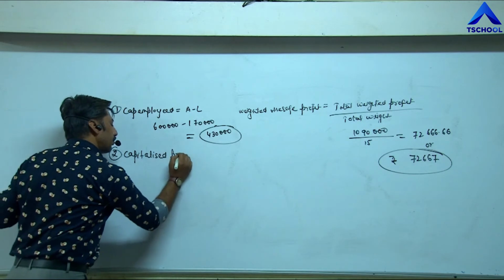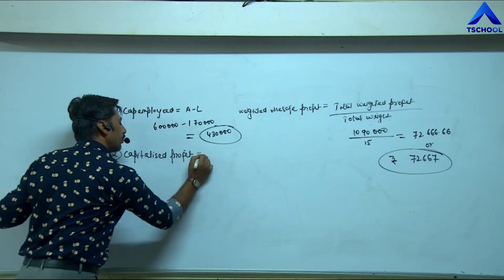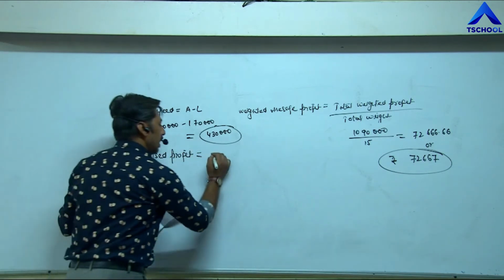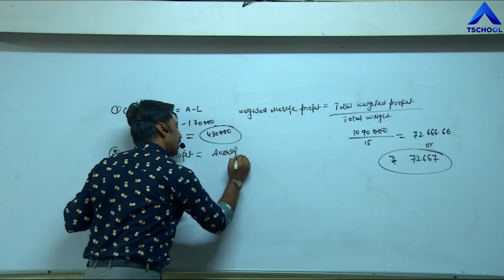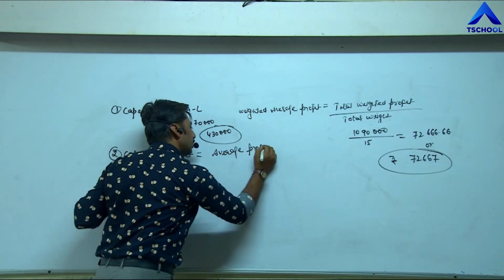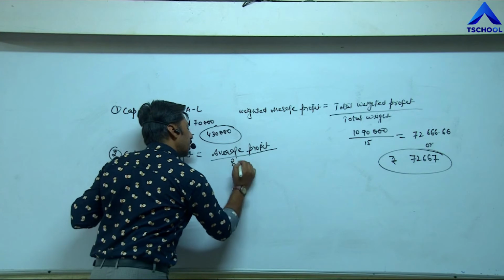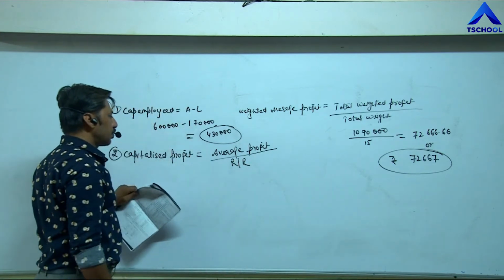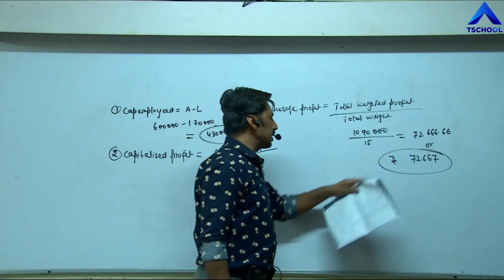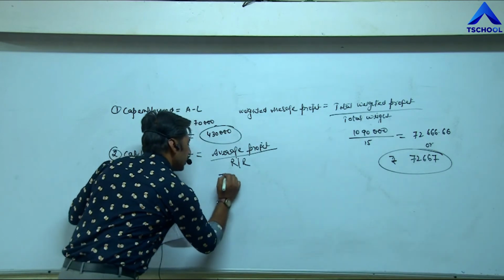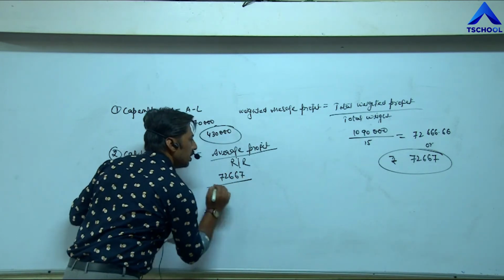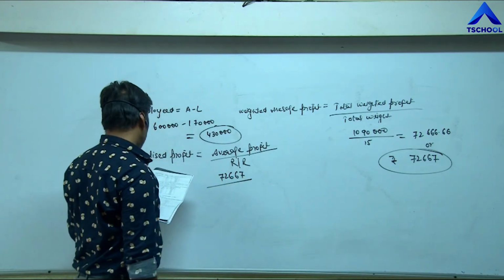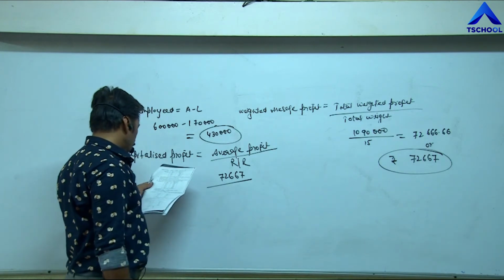Second step, we have to find out capitalized profit. Formula for capitalized profit is average profit upon rate of return. In this question, average profit we have calculated 72,667, divided by rate of return. Rate of return in this question is 10%.